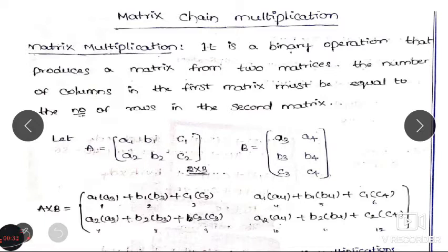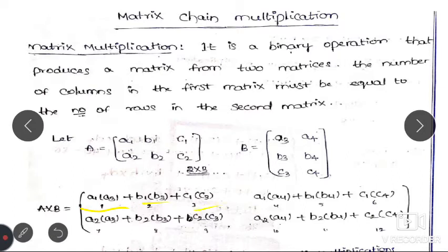Here consider two matrices A and B. Let A have values A1, B1, C1, A2, B2, C2, and B have values A3, B3, C3 and A4, B4, C4. Then the product of these two matrices: the first element in the first matrix is multiplied with the first element in the second matrix, here A1 and A3.